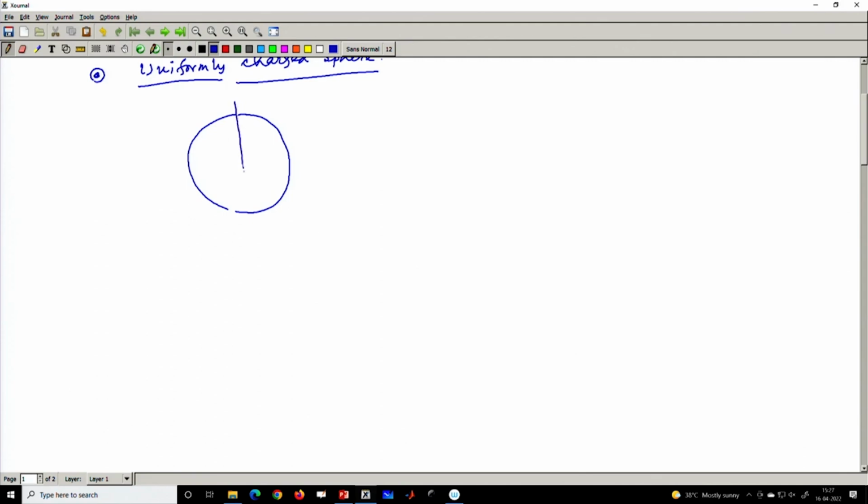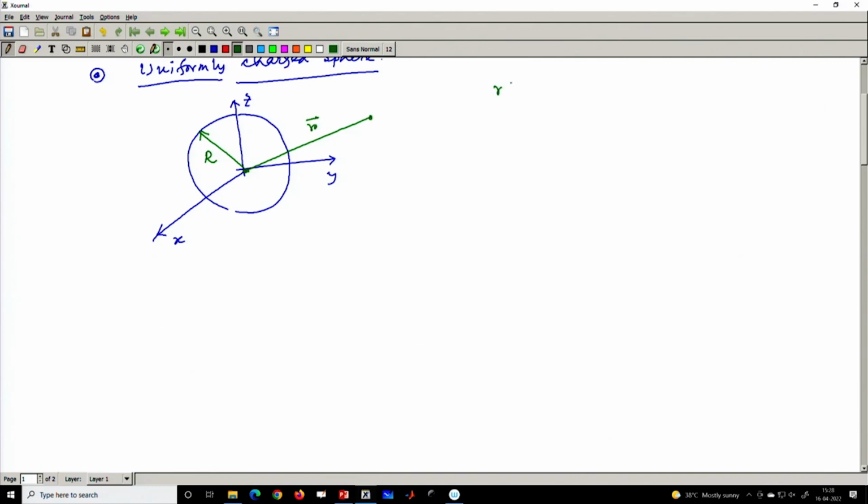So, suppose this is a charged sphere with a certain coordinate system, and try to find out the electric field at any point outside. Suppose the radius of this sphere is R, and we try to find out the electric field at some point outside.